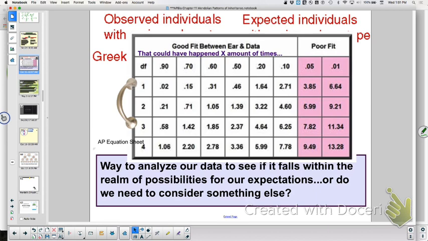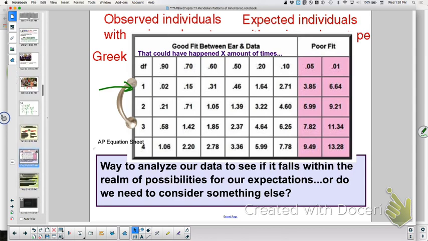So 1 degree of freedom, so I'm in this row. It's somewhere between 20 and 50% of the time. So is there something up with this family, or can I accept my null hypothesis that they had a normal inheritance of boy and girl? Normal. It's not outside the realm, right? That's acceptable to me.